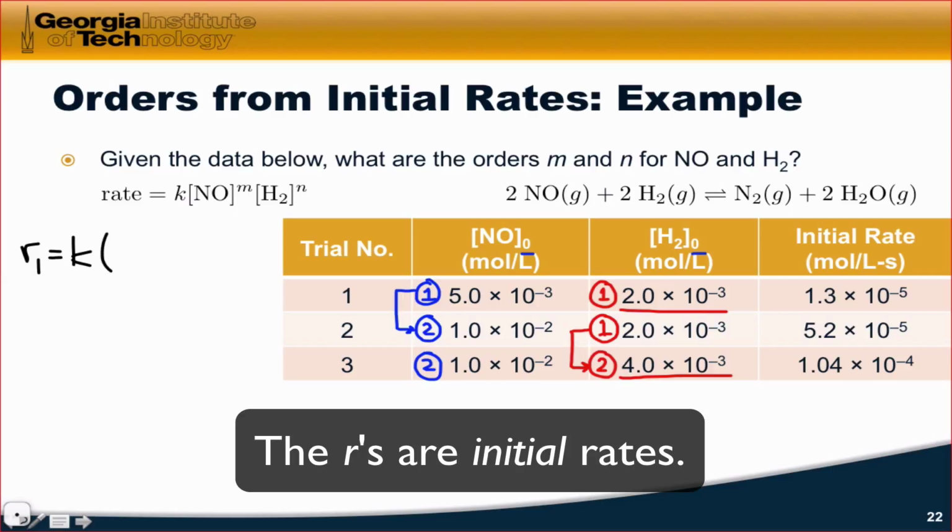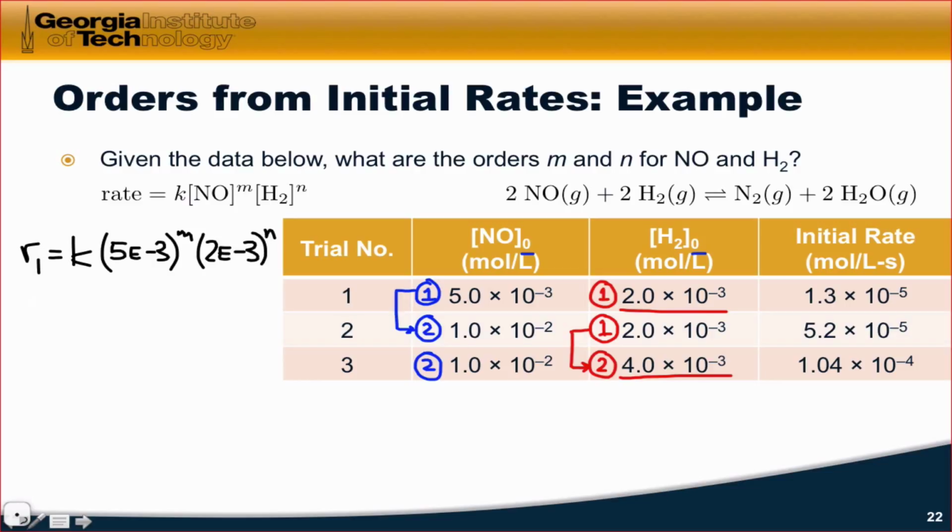The initial concentration of NO, which I'll write as 5 times 10 to the negative third, to the M power, times the initial concentration of H2, which is in this case 2 times 10 to the negative third power, raised to the N. And we can do the exact same thing for trial 2. The second rate, R2, is equal to K times the concentration of NO initially, which is 1 times 10 to the negative second power raised to the M, times the initial concentration of H2, which is still 2 times 10 to the negative third power raised to the N.